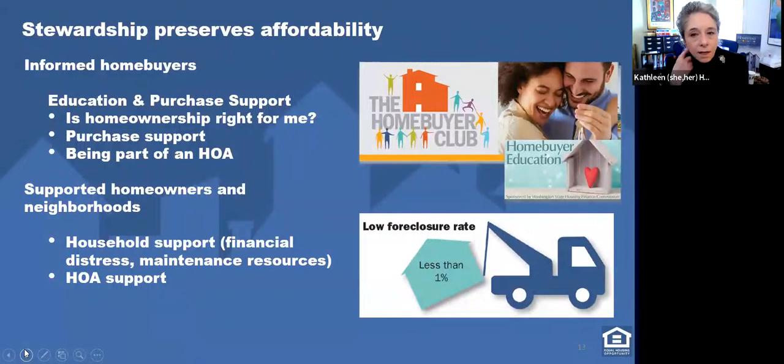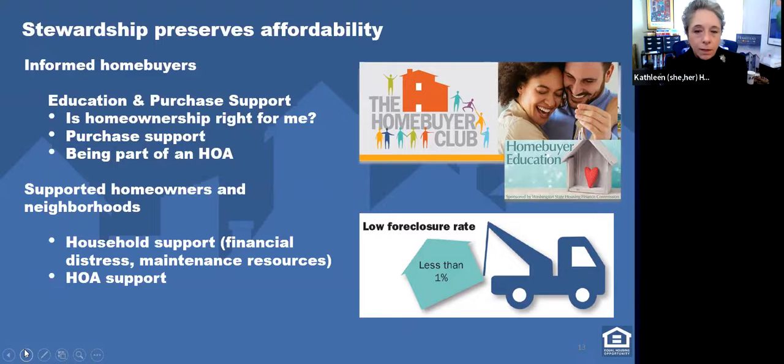The other things that we do to make sure homes stay permanently affordable is that we really invest in the front end of helping buyers be really ready to buy a home. So we do a lot of education and pre-purchase support. We make sure that they've asked themselves, is home ownership right for me? We don't want to pathologize people on the basis of, you must own a home.